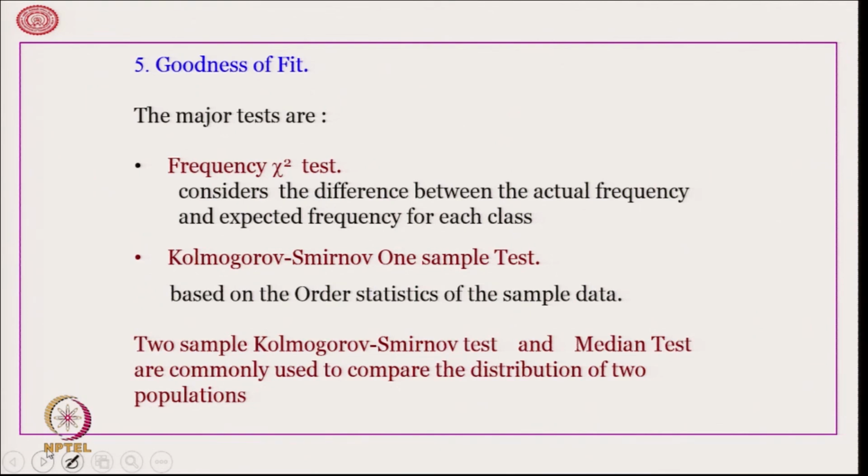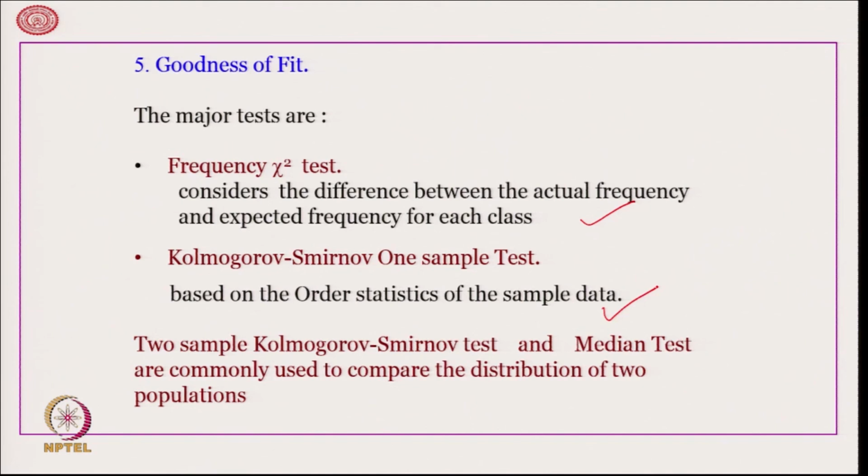It considers the difference between the actual frequency and the expected frequency for each class, and the statistic computed follows the chi-square distribution, hence it is called the chi-square test. Another important test is the Kolmogorov-Smirnov one sample test, which is based on the order statistic of the sample data.